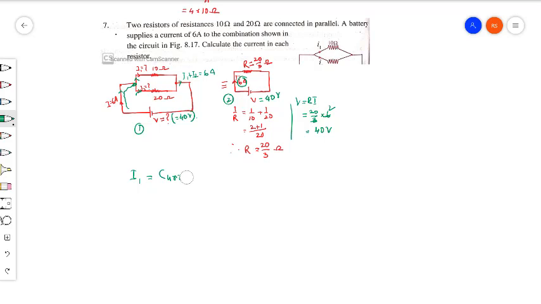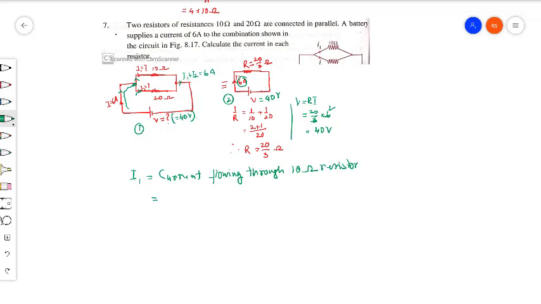I1 is the current flowing through the 10 ohms resistor.